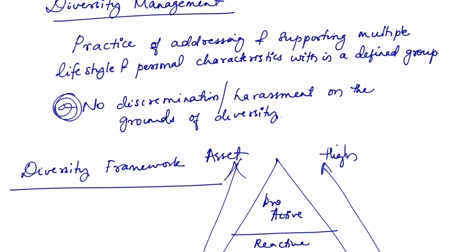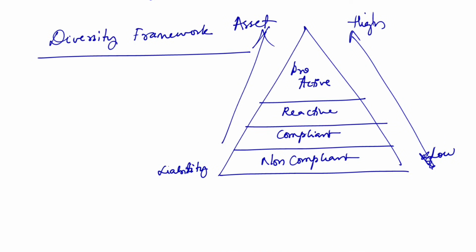So, how can you manage this diversity? Once again, let us recap. We can attract diverse employees, select properly, give them enough career development opportunities, and try to retain employees. Now, like we said earlier also, there are pros and cons. If not managed properly, a non-compliant environment to diversity will make it a liability.